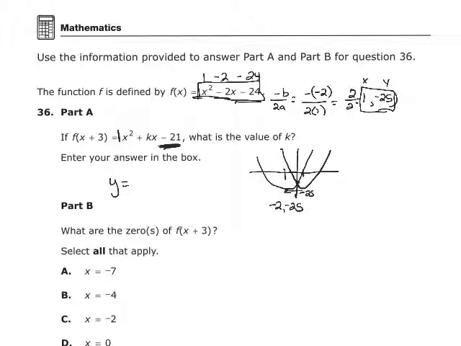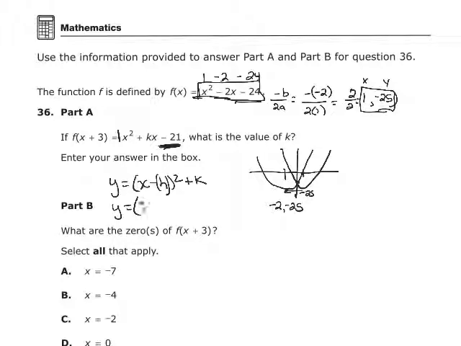And since a is 1, we can kind of ignore that. So then it's going to be x minus h squared plus k. Well, h is your x value, and here your x value now is negative 2. So when we put negative 2 into h, you're going to get a negative 2.